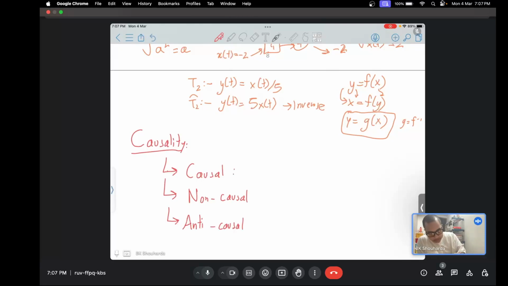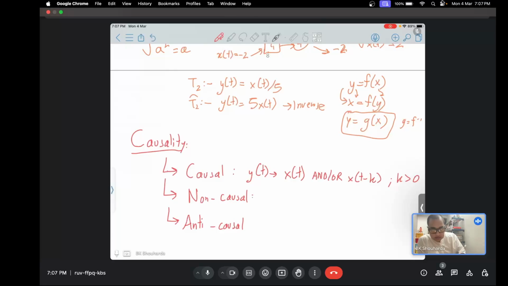When is a system anti-causal? When is a system causal? A system is causal when y(t) depends on x(t) and or x of t minus k, where k is a positive value, that means present or the past.